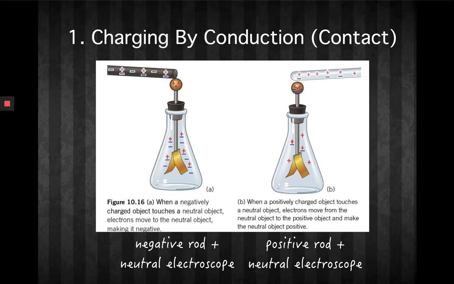And what's going to happen is our wings are going to be left with a positive charge, and therefore they're going to flare out because of that positive charge. So they're being repelled because they're both positively charged. So there we go. Our electrons move from the rod into the electroscope, causing it to be negatively charged, and our electrons move out of our electroscope, causing it to be positively charged.